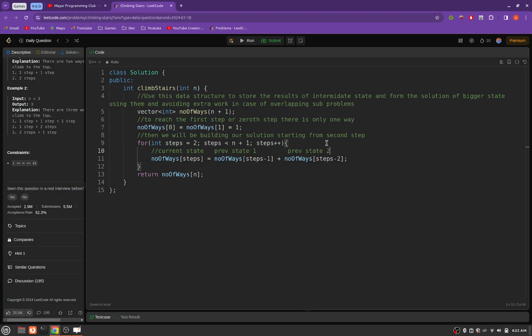So what we are doing here is adding the contribution of previous states to the current state.